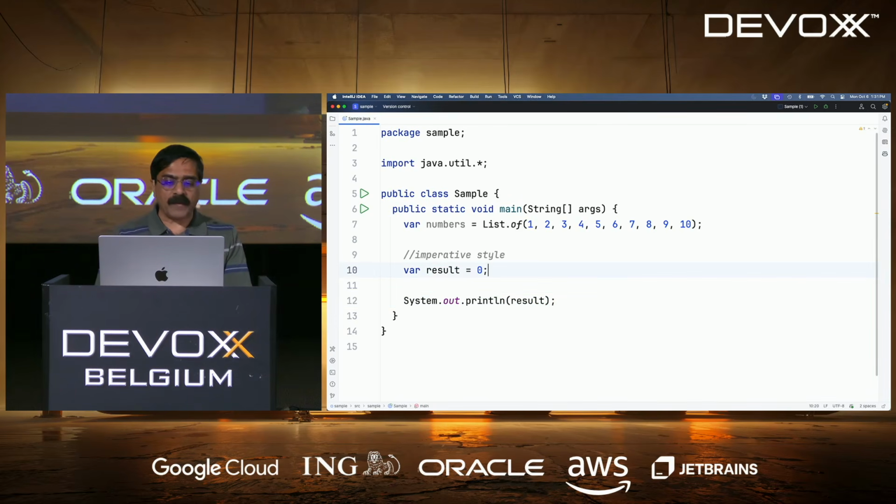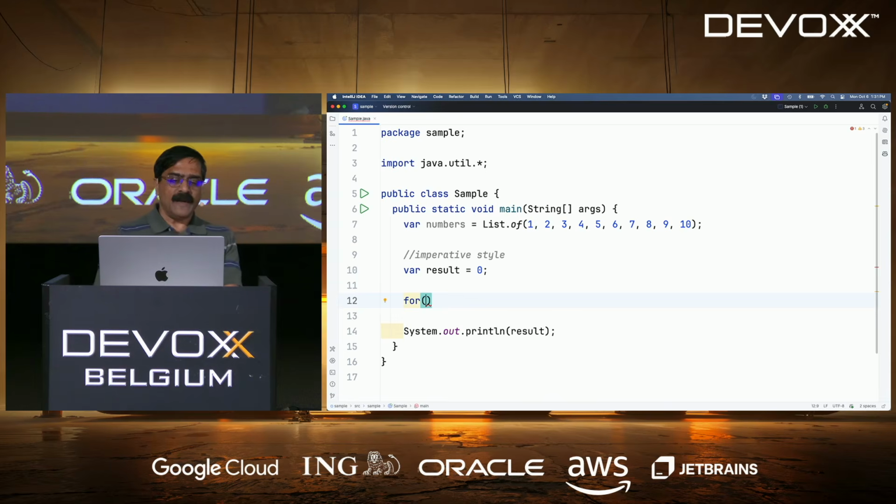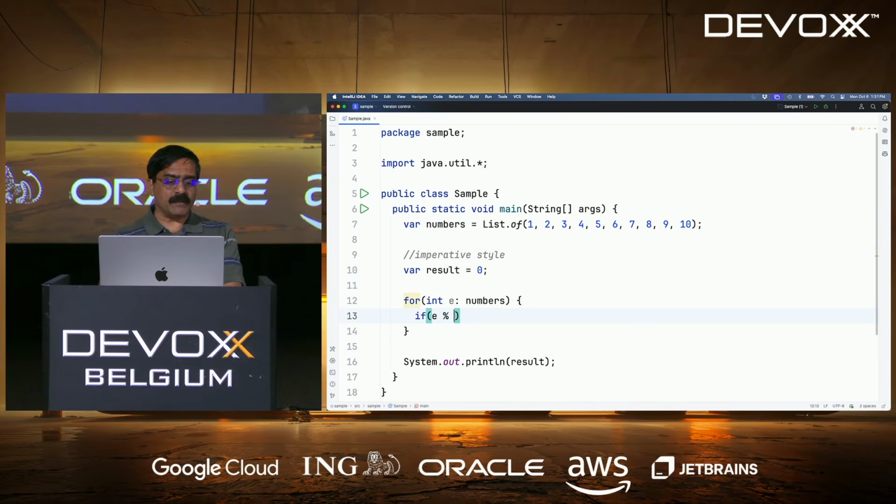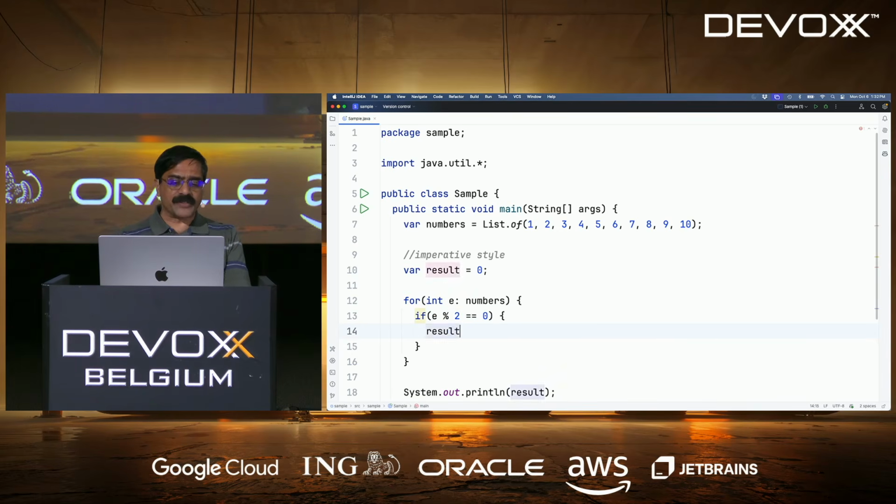But within this pipeline, you could say for, and you could get the elements in this collection. So you could say for an element e coming from the numbers, and we'll spare the effort of using i equal to 0, i less than syntax. We can use the for each, and we can say if element mod 2 is equal to 0, meaning it's an even number, we can say result plus equal to element times 2.